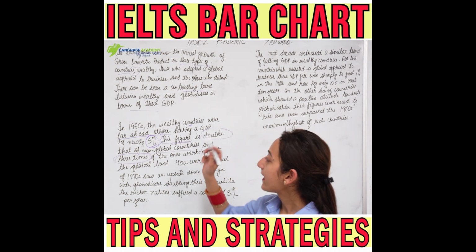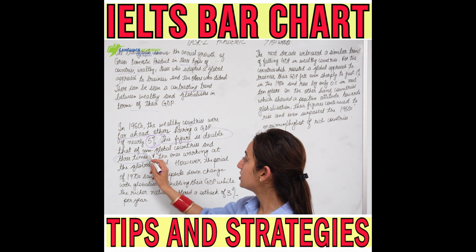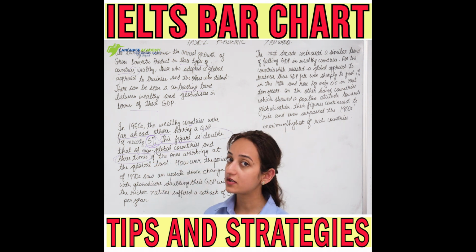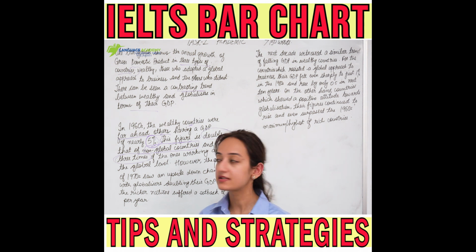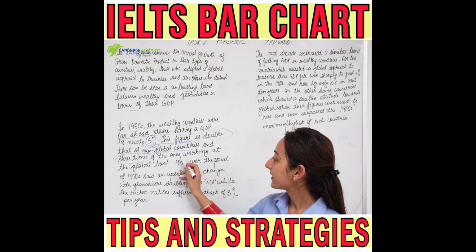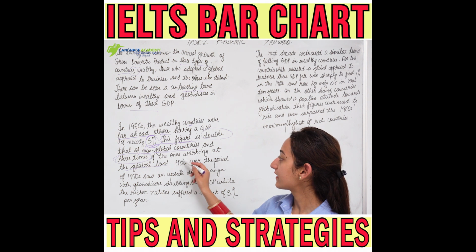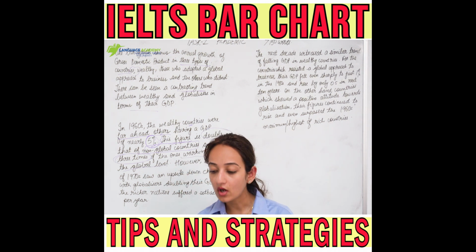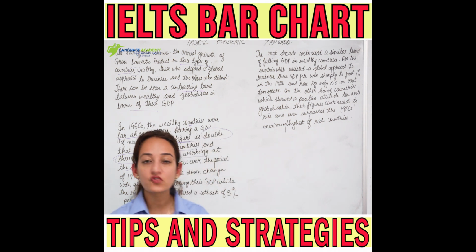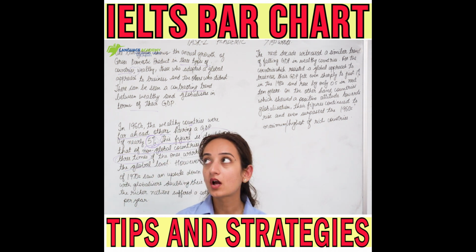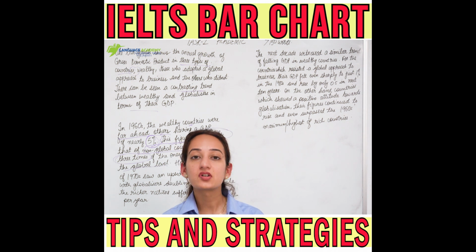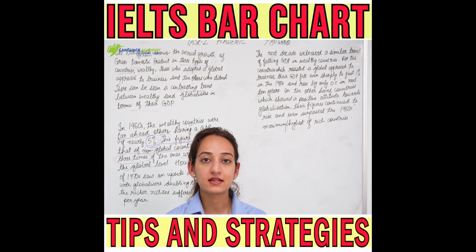So I have written here non-global countries for the ones who did not accept globalization. And for the globalizers, I have used the ones working at global level. So you do not have to think of a particular synonym for what global countries are called. No, you can just change the form of presenting that.